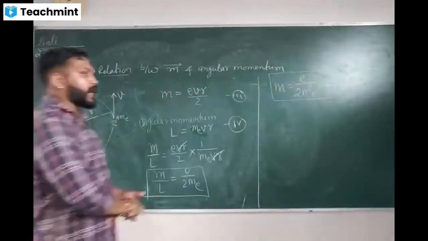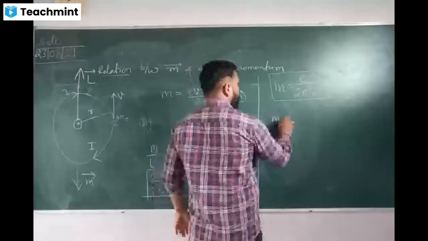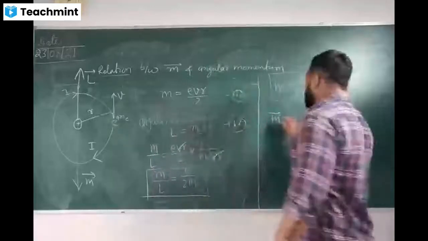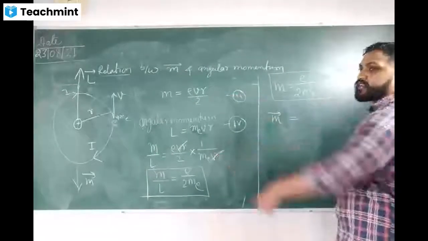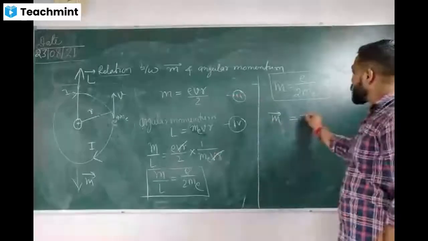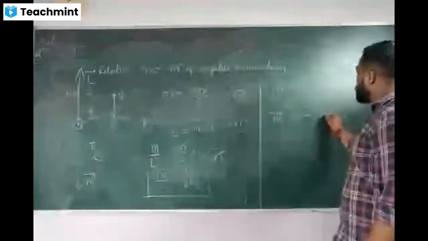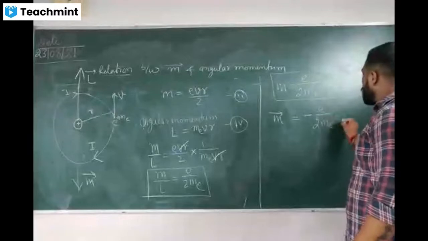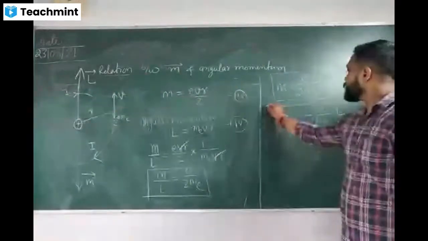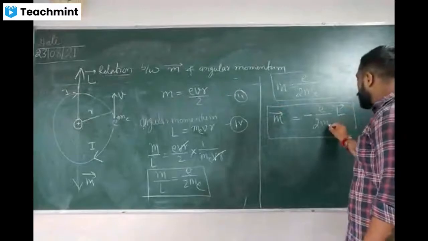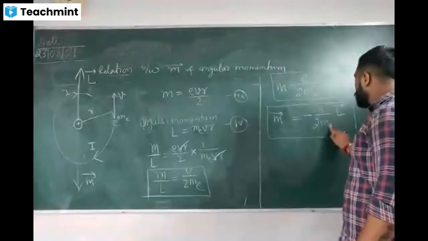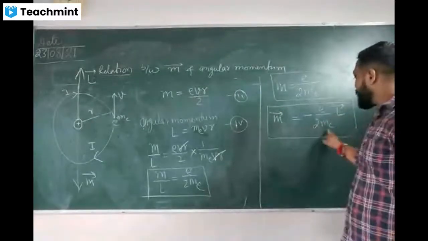So if I want to write it in vector form, what will it be? Because both M and L are in opposite directions, the vector M is equal to negative of e upon 2m_e into vector L. This m_e is the mass of the electron, because M is also there, that's why I am writing it as m_e.